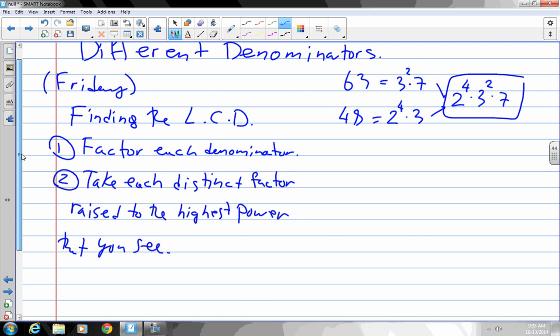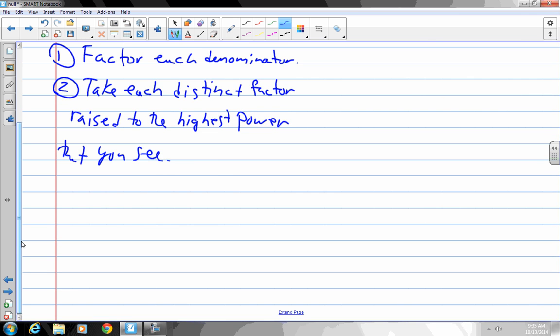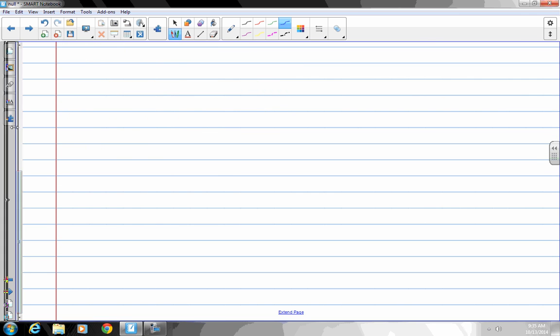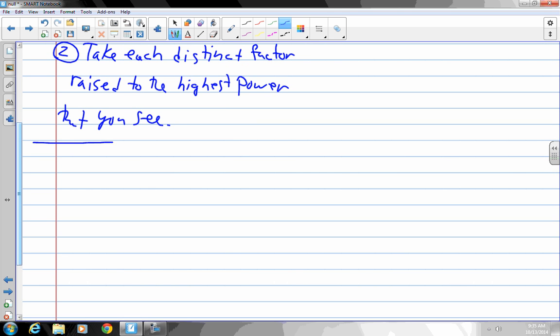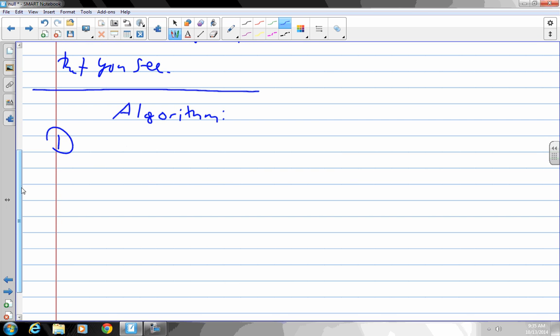So here are the steps for dealing with fractions that have different denominators. Here's our algorithm for that. When dealing with algebraic fractions that have different denominators, the first step is to factor.